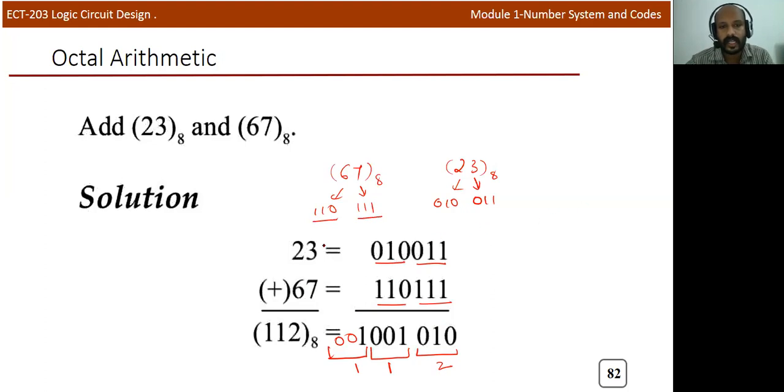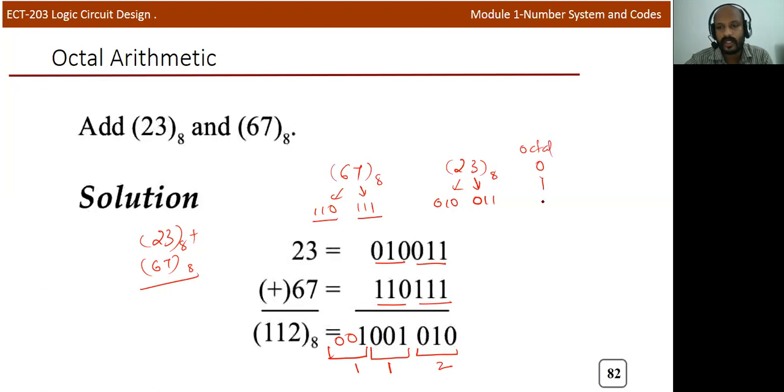Otherwise we can do it like this: 23 in base 8 plus 67 in base 8. When you do it in octal itself, 3 plus 7. Remember that the 3 and 7 are represented in octal, so don't write that 3 plus 7 is equal to 10, because in octal it's an octal sequence.